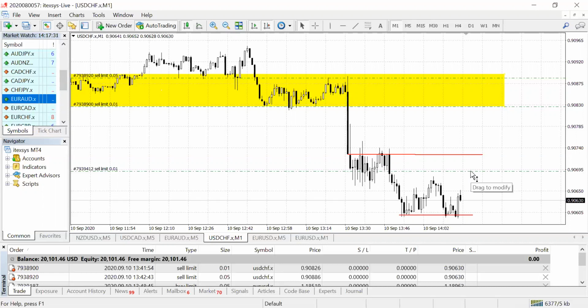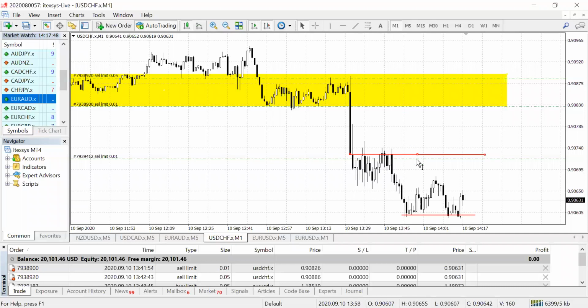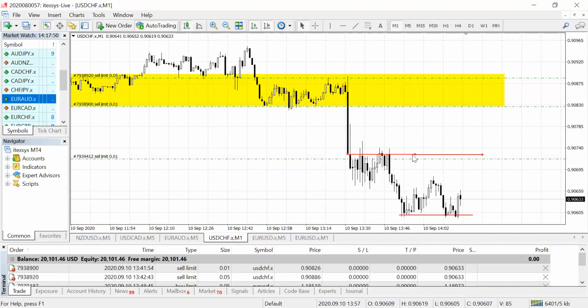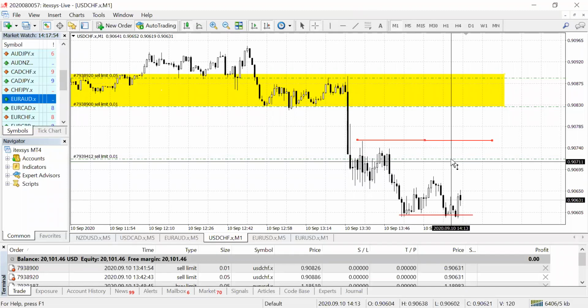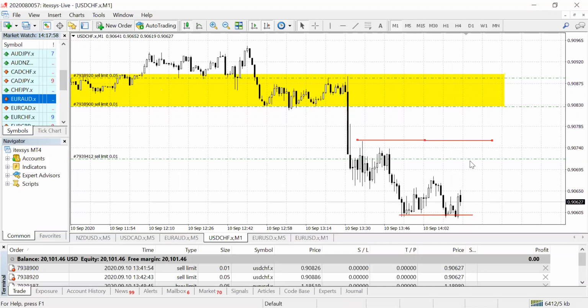Let's see how price behaves once it gets there. I would be more comfortable taking the trade up here. If price comes here, I will take the trade because my stop loss would be very, very tight. There you go. My stop loss would be maybe here, so I'd be risking only maybe 4 pips, which is a great scenario.